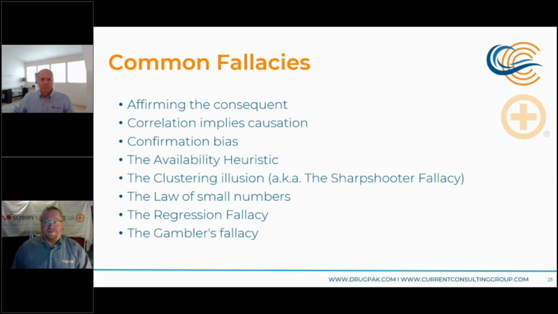Next, we have the availability heuristic. It's not so much a fallacious argument as it is a psychological tendency. Studies show that when a person is asked to imagine an outcome, they immediately tend to view it as more likely to occur than a person who is not asked to imagine the specific outcome in advance of predicting its likelihood.